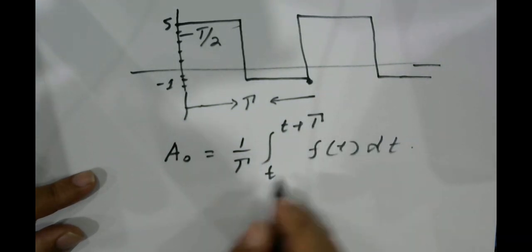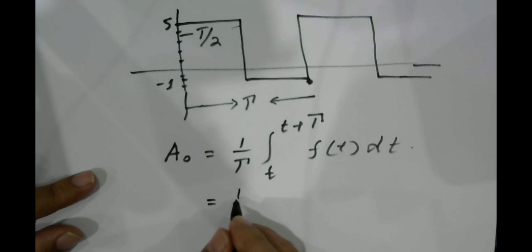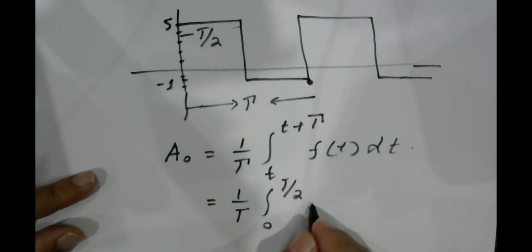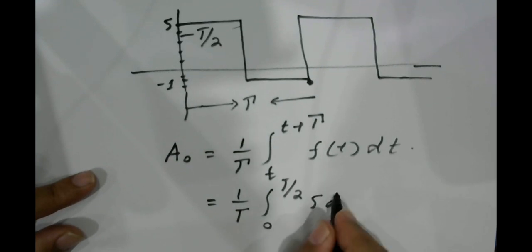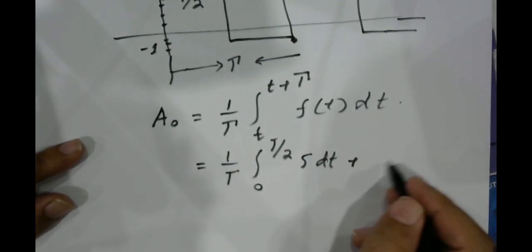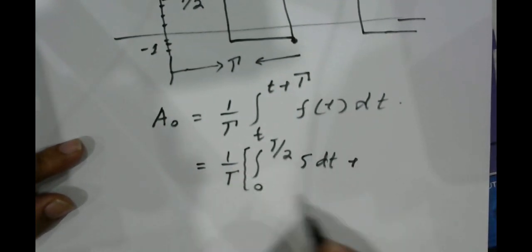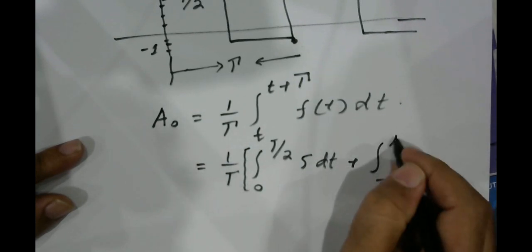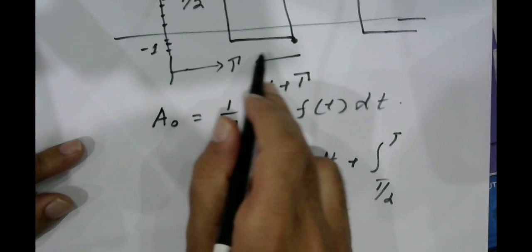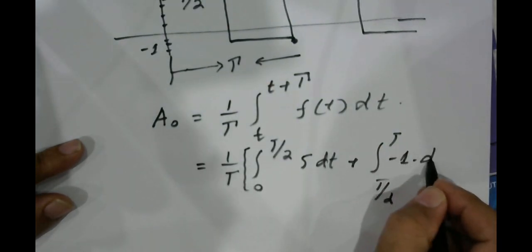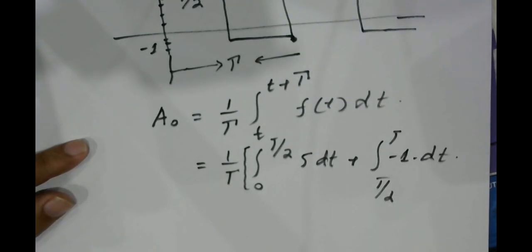So we can split this way: 1 by T, from 0 to T by 2, f of t is what? 5 dt, right? And plus, T by 2 to T, our value is how much? -1. So this will be -1 times dt, okay.